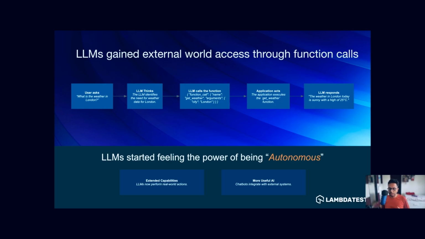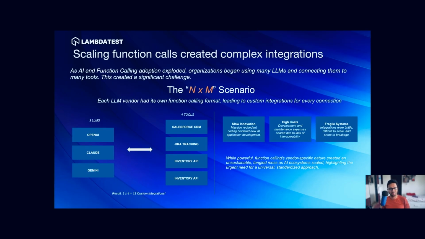So when organizations actually started using this a lot, as I was saying, it gave them a lot of varieties of use cases that just unfolded, right? People started giving access to file systems, they had their internal APIs, and many more. Soon we realized the classic N into M problem, the scenario of making complex integrations, and it becomes more complex with a larger set of integrations as well, right?